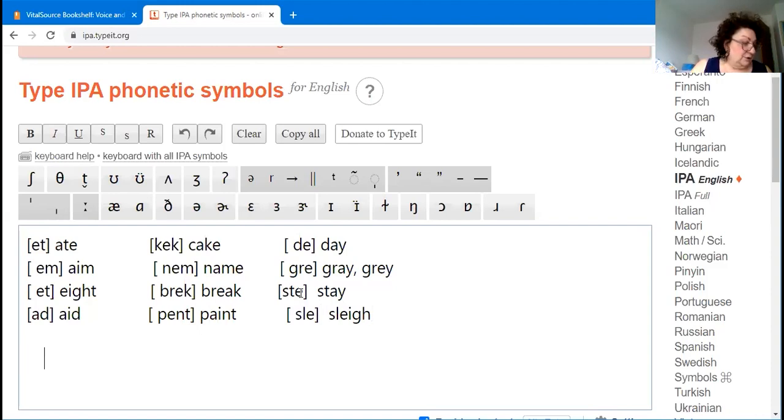Here's a word that has 2 sounds that we looked at. Can you sound it out?